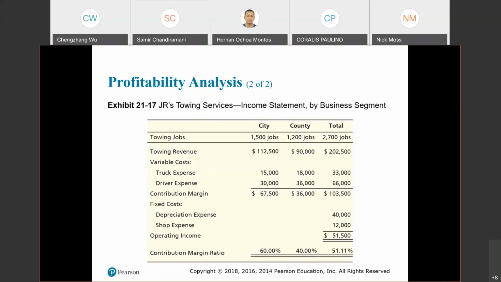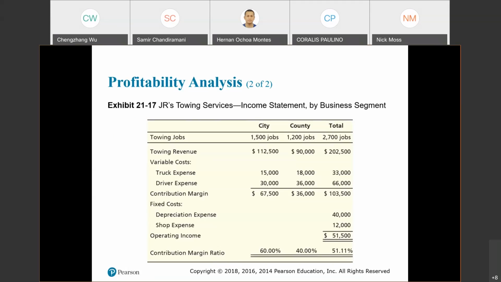This service company has analyzed its data and determined it can separate the data into two business segments: city and country.